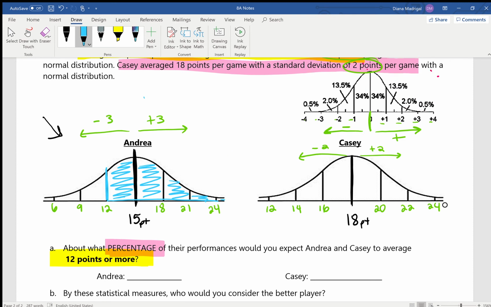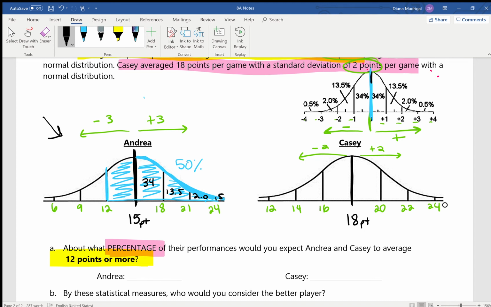Based on this, I know that the middle is my 15 points already. So I know that this whole side right here of the mountain is 50%. How do I know that? Well, because this is 34, this is 13.5, this is 2, and this is 0.5. If I add them together, it's 50.